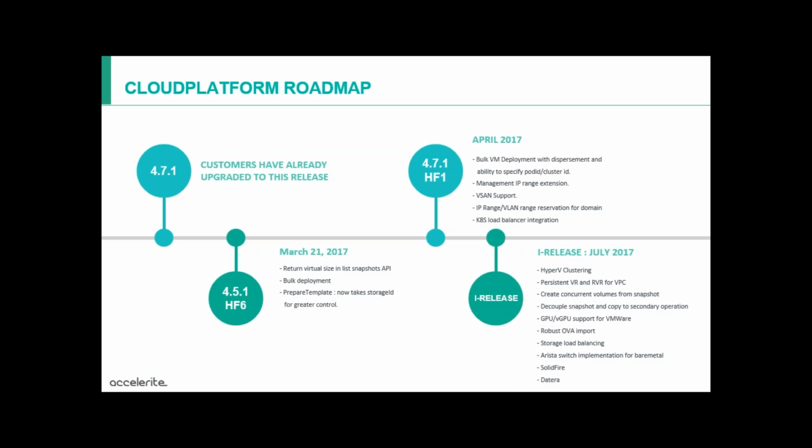So we released 4.5.1 in March, which had the ability to create bulk VMs. So you can just fire off one API and create multiple virtual machines, with some control over where the virtual machines get placed. The 4.7.1 hotfix 1 is slated for April this month, and some of the key aspects of that release is vSAN support.